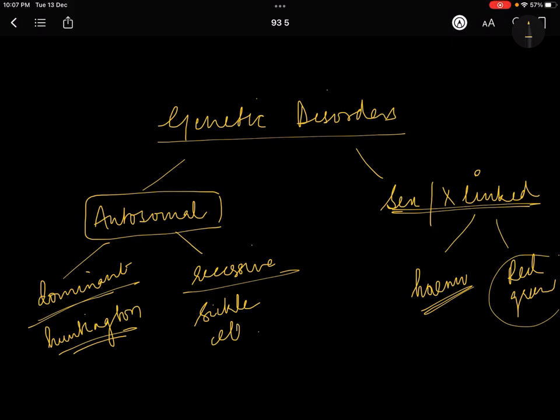Then we are going to study certain other kinds of genetic disorders also, which are based on the pattern.